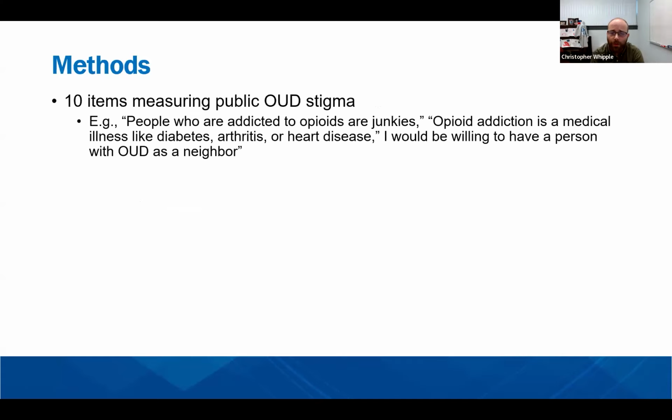We asked a number of items that Övgü touched on earlier. For this study, we focused on 10 items from our public stigma questions. Some of the questions are included here. People who are addicted to opioids are junkies. Opioid addiction is a medical illness like diabetes, arthritis, or heart disease. And I would be willing to have a person with OUD as a neighbor.